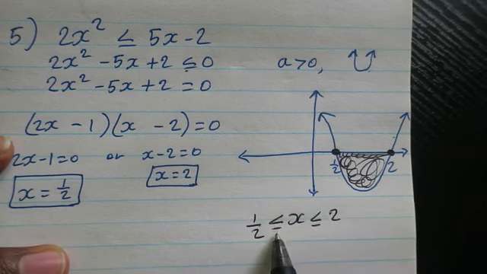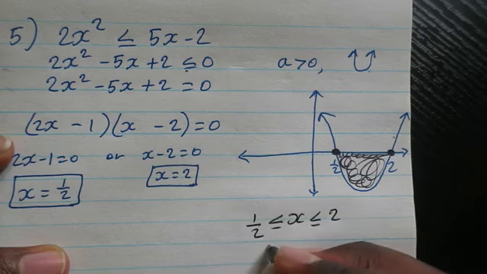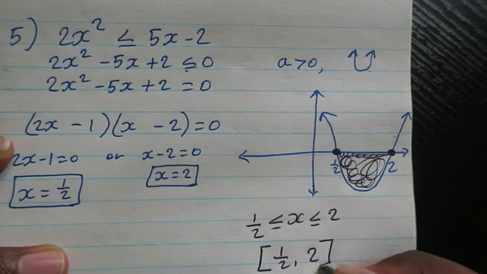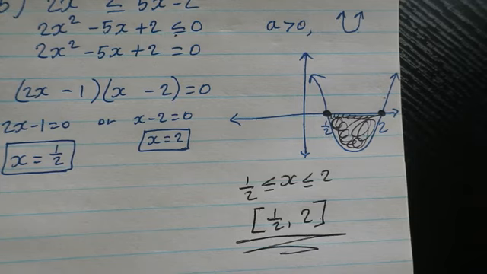Now if you notice the inequality symbol here, they do have the equal sign underneath. So that means brackets. In interval notation it would be written 1/2 to 2 with brackets, meaning 1/2 and 2 are part of the solutions.